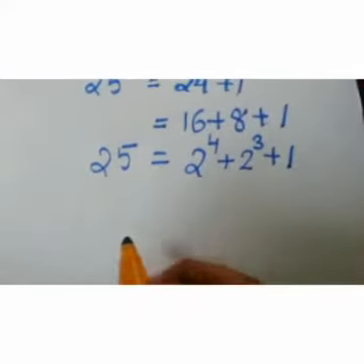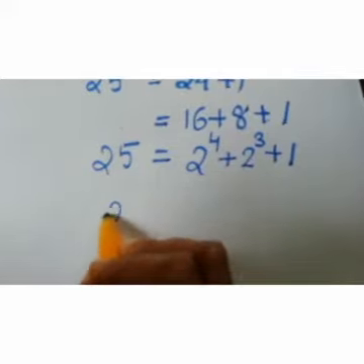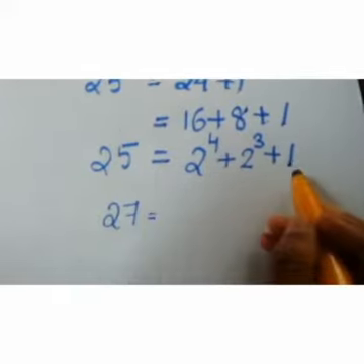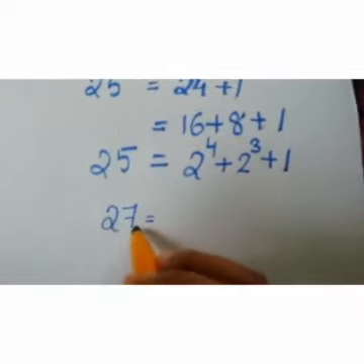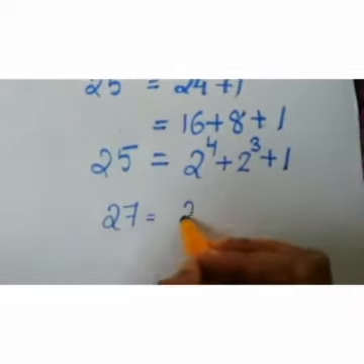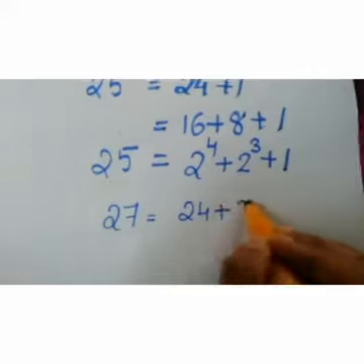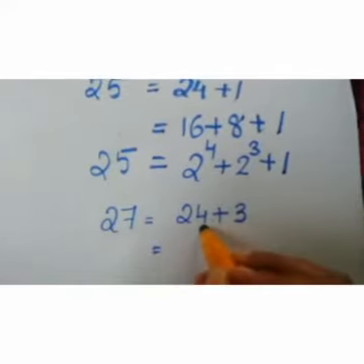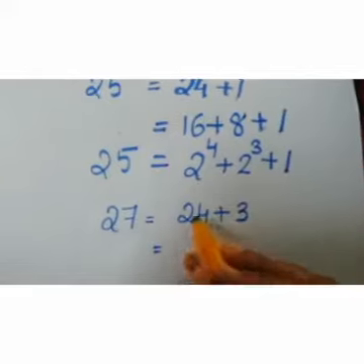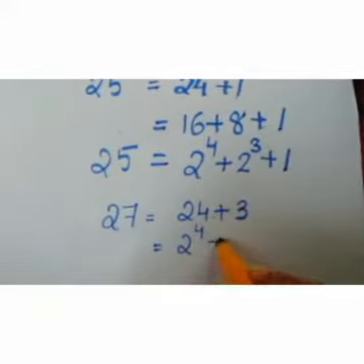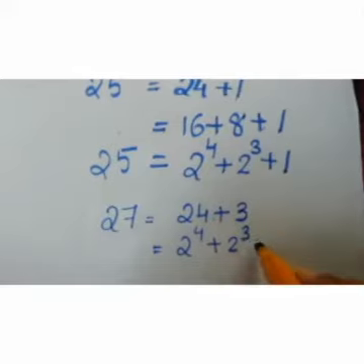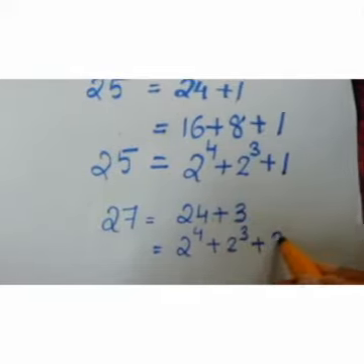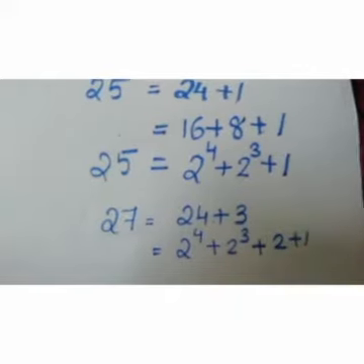Look at another example. If we want to express 27 in terms of powers of 2 and a sum of 1, 27 can be written as 24 plus 3, isn't it? Then 24 can be expressed like this, 2 raised to 4 plus 2 raised to 3, plus 3, which can also be made like this, 2 plus 1 is equal to 3.